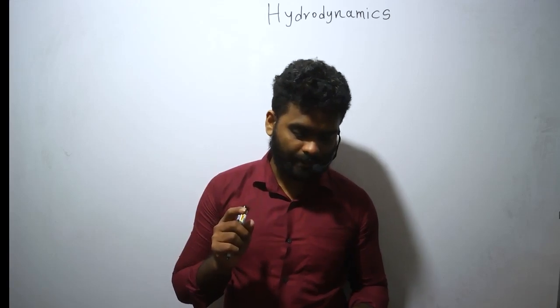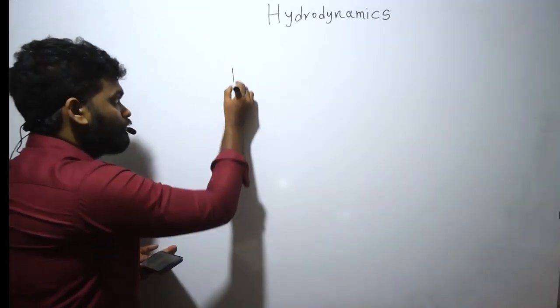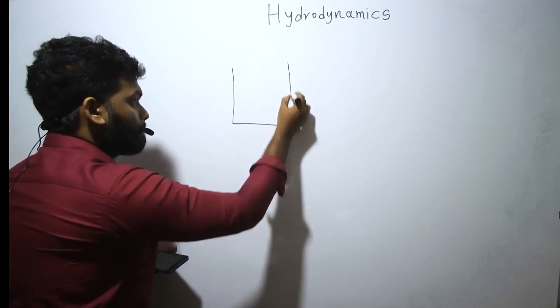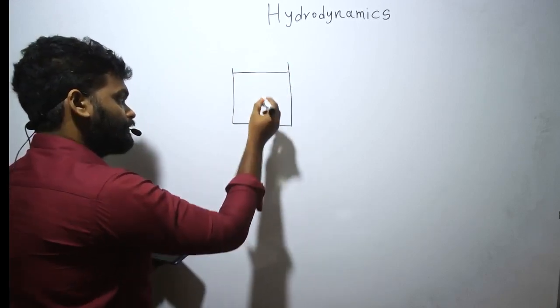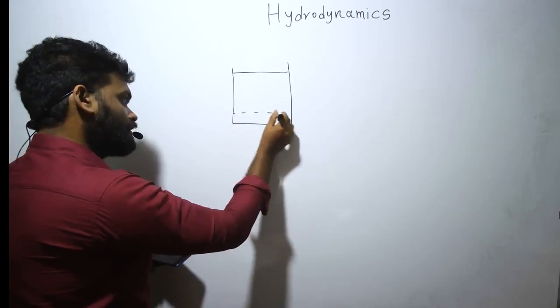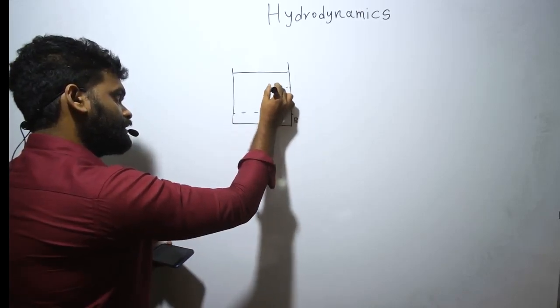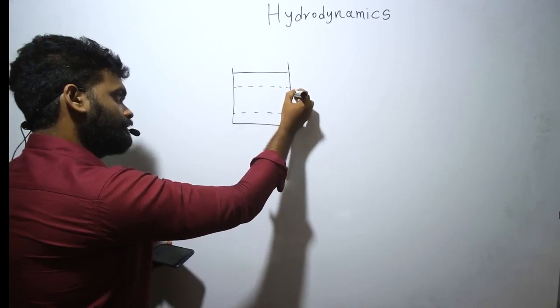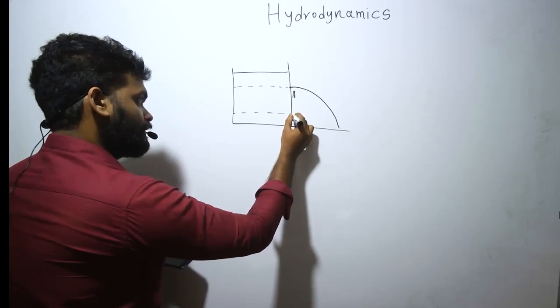Height of water level inside the vessel is. Okay, so we have water. Let's say this is B and this one A. So there are punch holes here, so it falls here, right?